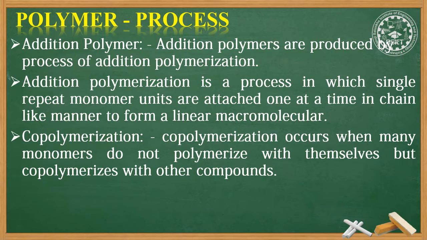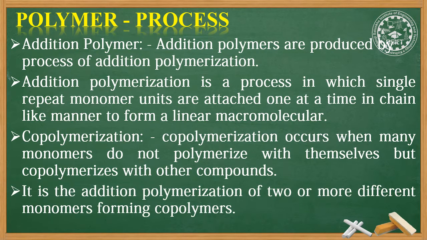The second is copolymerization. Now copolymerization occurs when many monomers do not polymerize with themselves but copolymerize with other compounds. आपण मागच्या स्लाइडमध्ये बघितलं होतं की कोपॉलिमर म्हणजे काय, की इट इज अ कॉम्बिनेशन ऑफ मेनी डिफरंट केमिकली डिस्टिंक्ट मोनोमर्स. तर या केसमध्ये तेच होतं की ॲडिशन पॉलिमरायझेशनमध्ये सिमिलर जे मोनोमर्स आहेत ते एकमेकांना अटॅच होत जातात, पण कोपॉलिमरायझेशनमध्ये मात्र वेगवेगळे मोनोमर्स हे एकमेकांना अटॅच होत जातात.